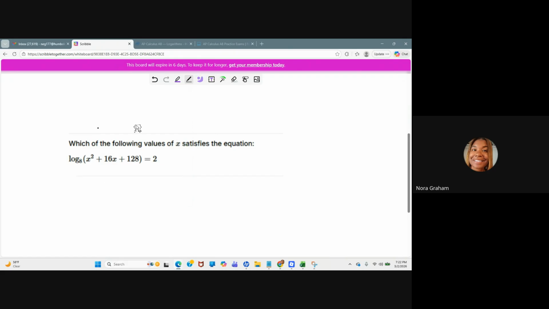All right, so for this one, which of the following values of x satisfies the equation? Again, I'm going to do my same thing, draw my circle. So I have this 8, which becomes my coefficient, raised to the power of 2, and it's all equal to x squared plus 16x plus 128.